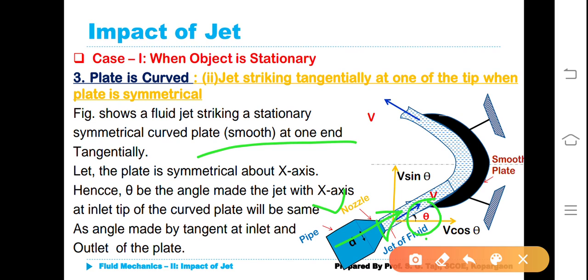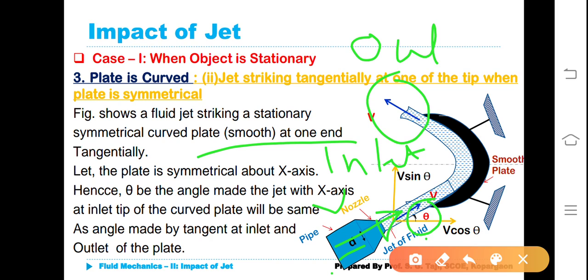Since we are considering the jet of water striking the blade at the bottom tip, it is known as the inlet tip. This is then the outlet. Outlet or exit, inlet or entry, as the angle made by the tangent at inlet and outlet of the plate.